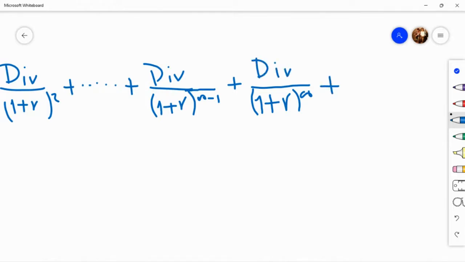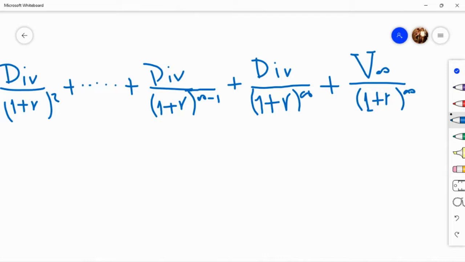And also, as I said, if you can pinpoint that infinite time, we can identify the price of the stock at that time.